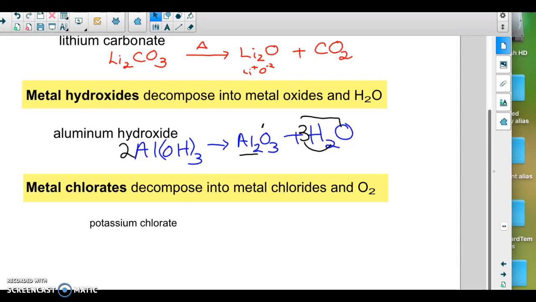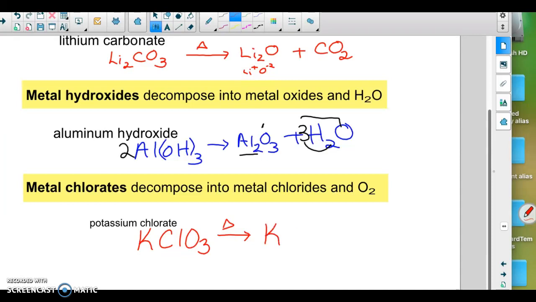Another decomposition reaction is when we take a metal chlorate, and we can also heat the metal chlorate. So potassium chlorate, we can heat that and it will decompose into the metal chloride. The metal is potassium with chloride. Potassium's plus, chloride's minus, so that's why the chemical formula is KCl, plus oxygen gas.